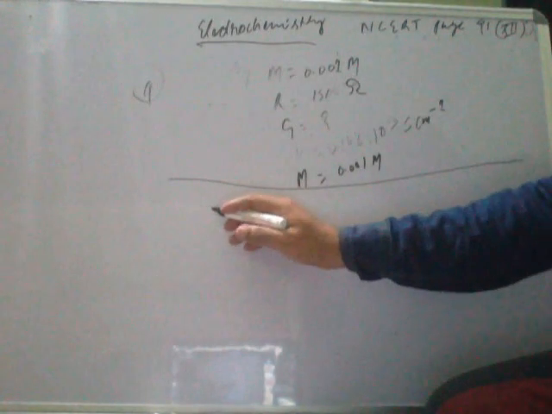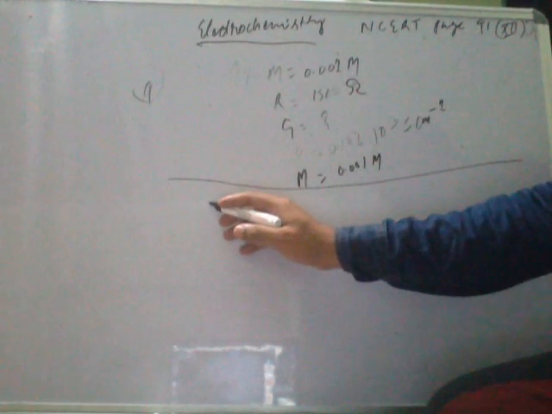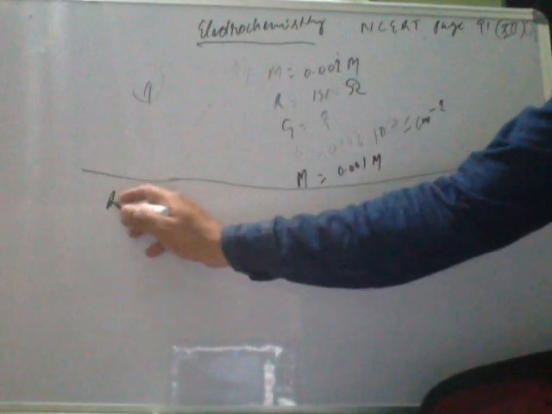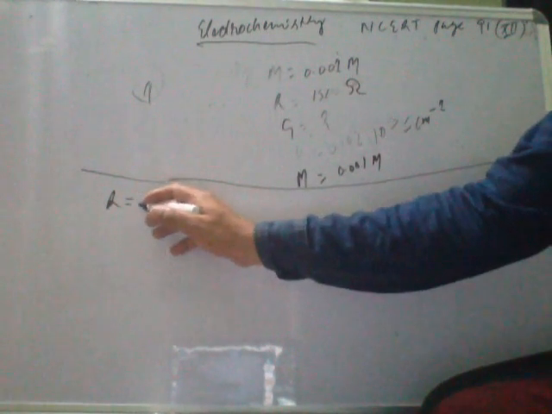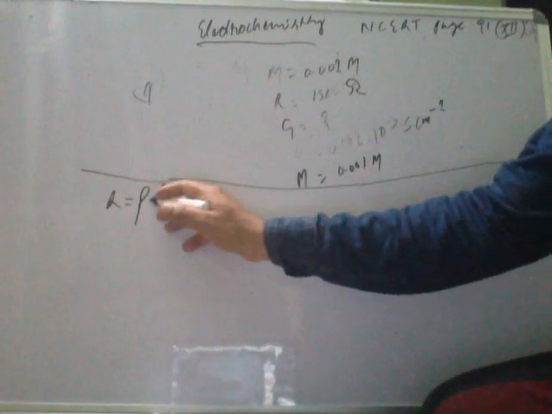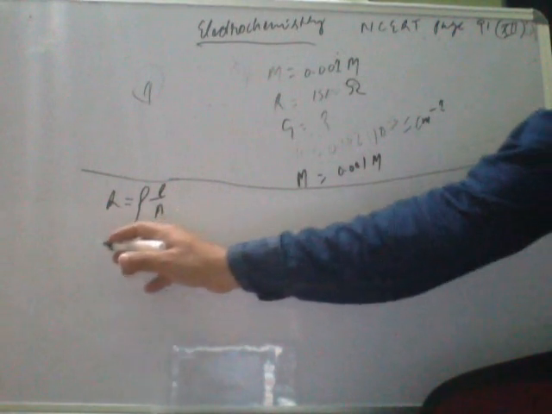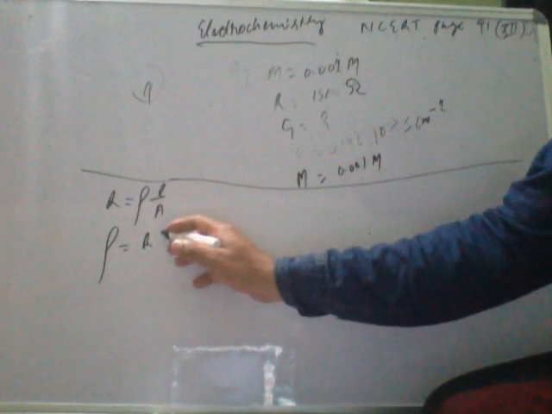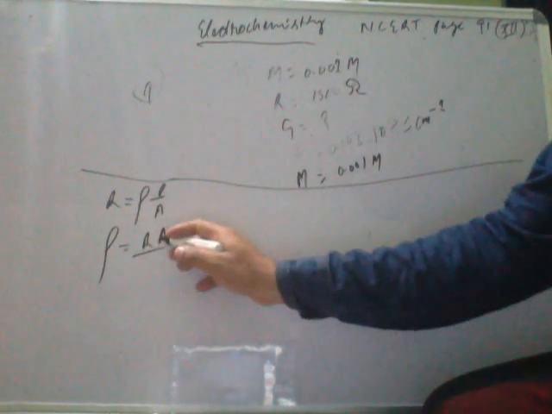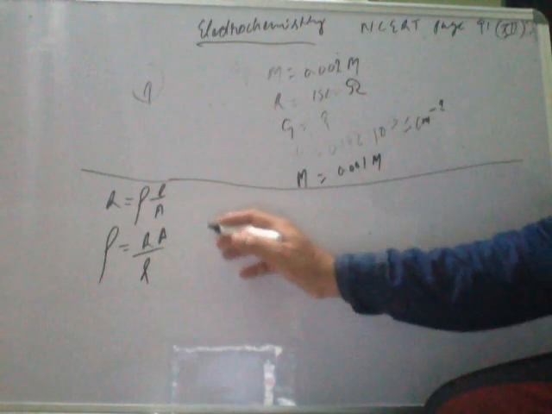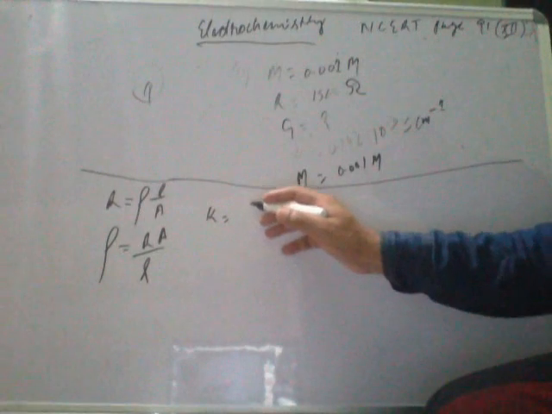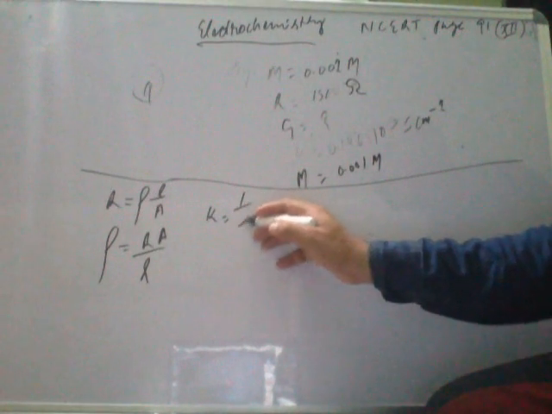R is equal to resistance, which is rho L by A. If you talk about rho, it will be R A by L. And K is inversely proportional to resistivity, so K equals 1 upon rho.